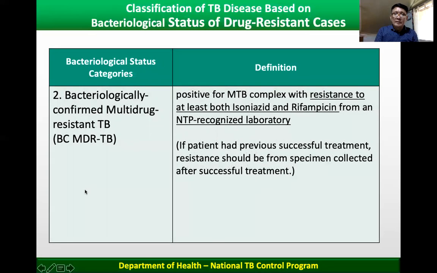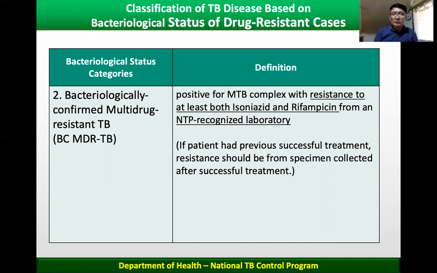Now, another one is bacteriologically confirmed multi-drug resistant TB, BCMDR-TB. So positive for MTB complex with resistance to at least both isoniazid and rifampicin from an NTP-recognized laboratory. So a while ago, it has to do with the GeneXpert.